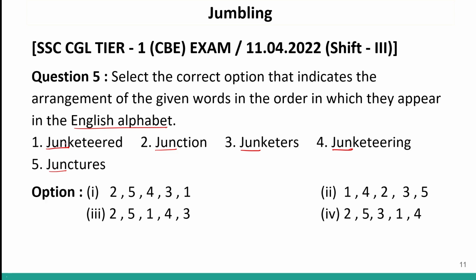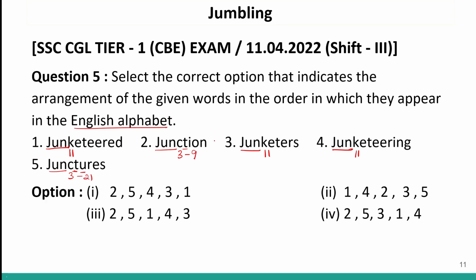Over here, the next letter is K, which is 11th position. C, third position. K, again 11th position. 11th position, and C, which is third position. So between junction and junctures, I can see that T is again common. So we will move on to the letter after T. After T, we have I, which is 9. And over here, after T, we have U, which is 21.